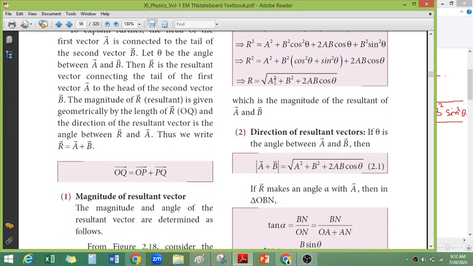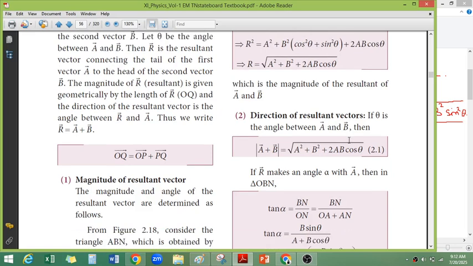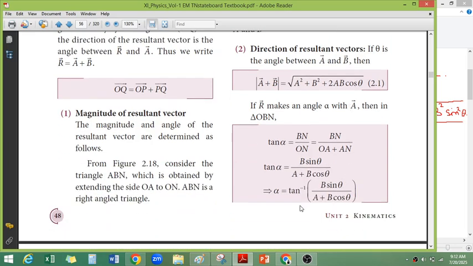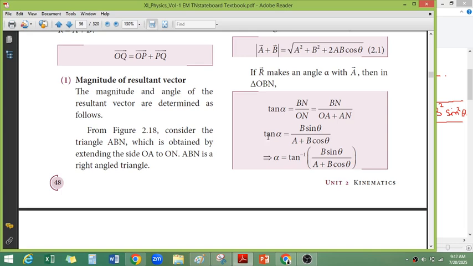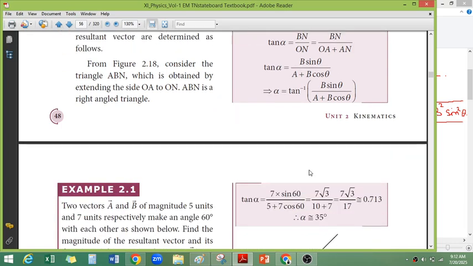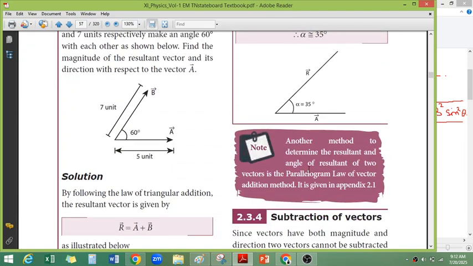That's what is shown here. R is the root of a squared plus b squared plus 2ab cos theta. You see tan alpha is equal to b sin theta divided by a plus b cos theta. And if I want alpha, tan goes to the other side, so it becomes tan inverse. So nothing very difficult there.